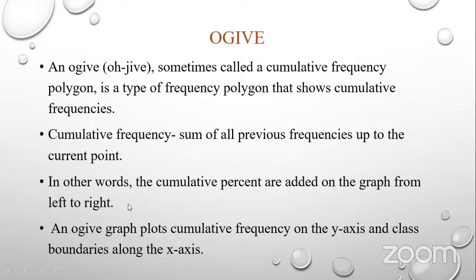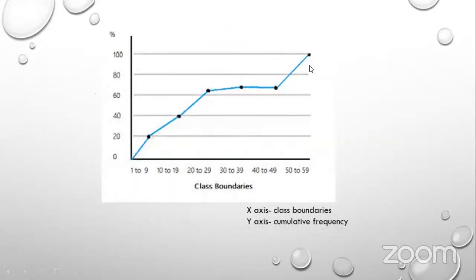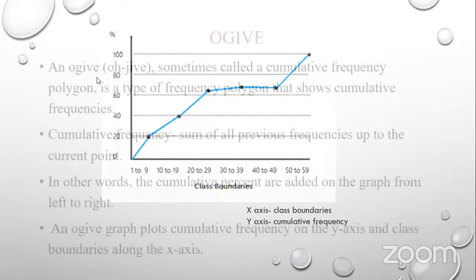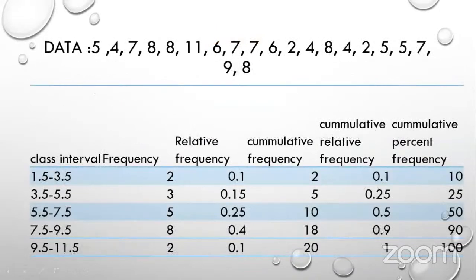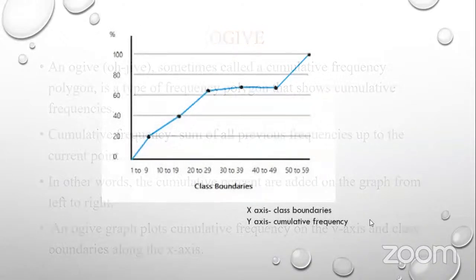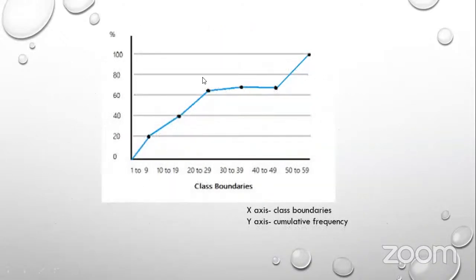The ogive graph plots the cumulative frequency on the y-axis and the class boundaries on the x-axis. So this is an ogive. You can see the class boundaries and the cumulative frequency here. As I have shown you before, the cumulative percent frequency is shown on the y-axis and the class boundaries on the x-axis, as you can see in the ogive.